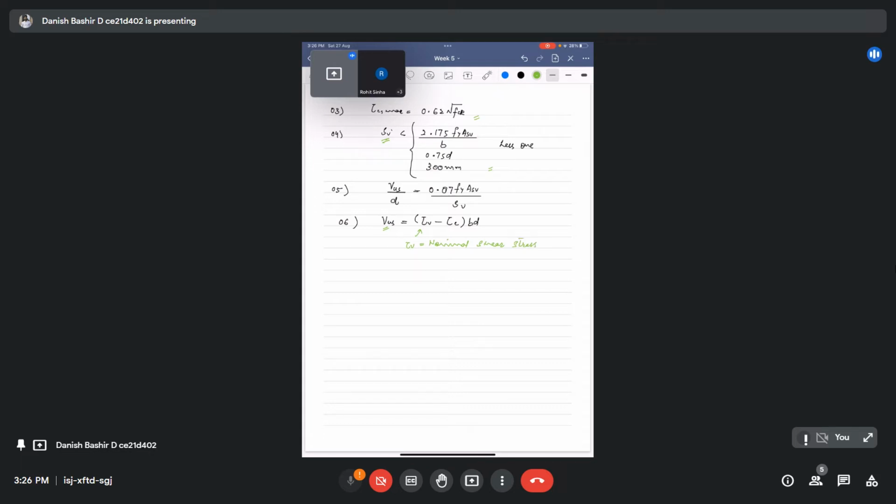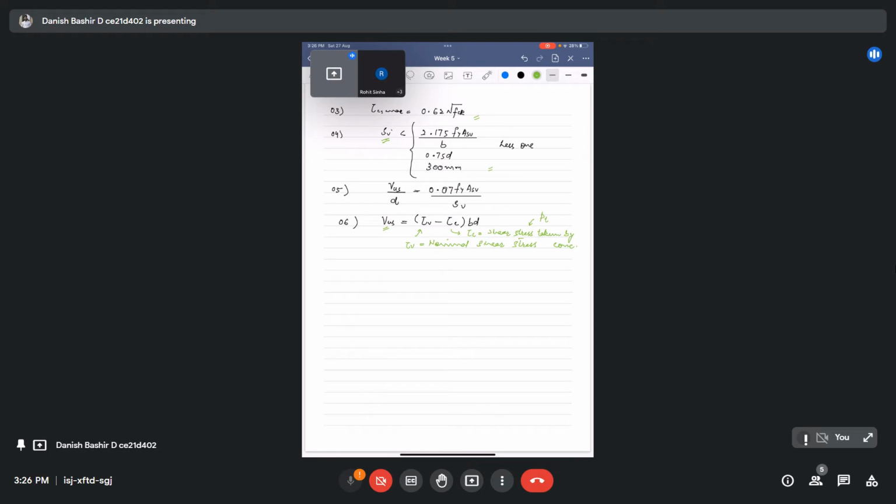Nominal shear stress coming on our beam section, and tau c is the shear stress taken by concrete, or we can say the shear strength of our concrete. The shear strength of our concrete depends upon the percentage of the tensile reinforcement, pt.